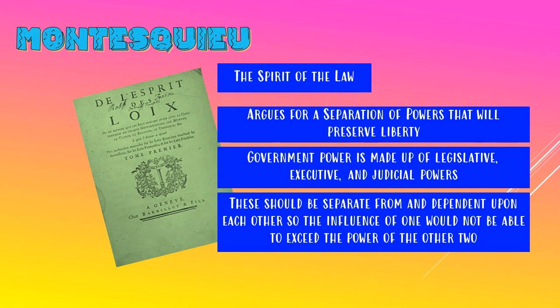So he came up with the idea of we should have a separate group of people making the legislative decisions, a separate group of people carrying out the executive parts of the government, and a separate group of people exercising the judicial power. So if they depend on each other, they have to work together. And if they're separate from each other, they won't work together to oppress us.